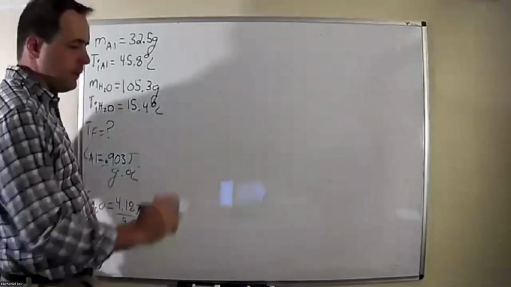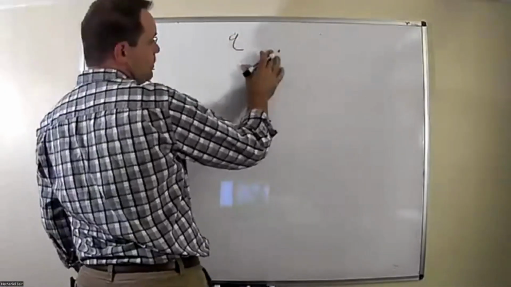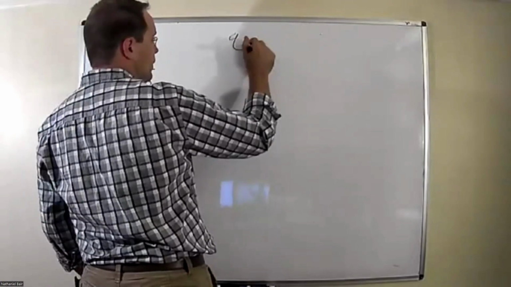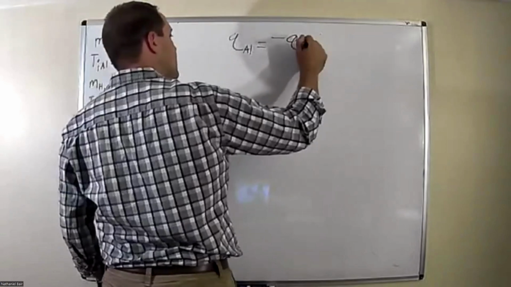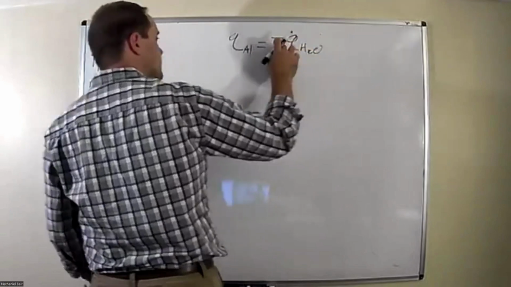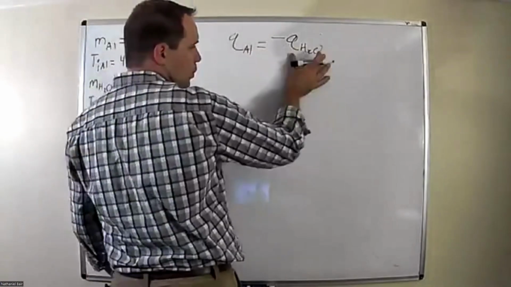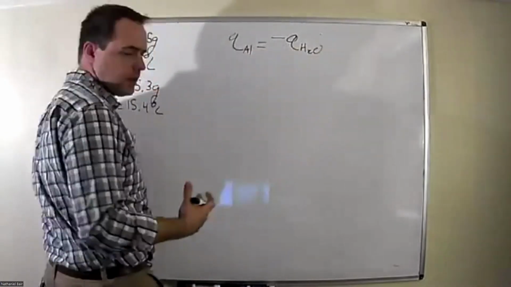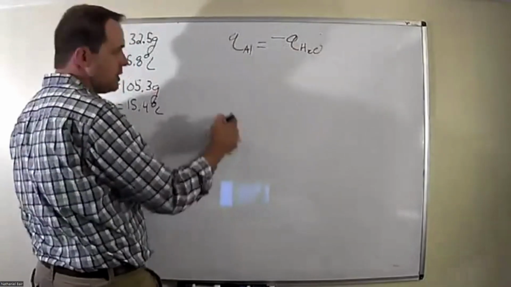Here's how this works, folks. What we need to say is that the heat lost by the one substance, let's say aluminum, is going to be equal to the opposite heat gained by the other substance. So it doesn't matter which one you make negative. So I'm going to make the water one negative. So here's how this works out. Q equals MCΔT, heat equals mass times heat capacity times change in temp.